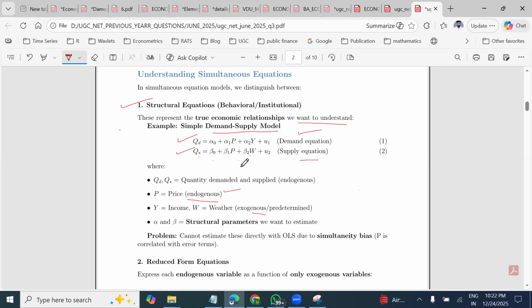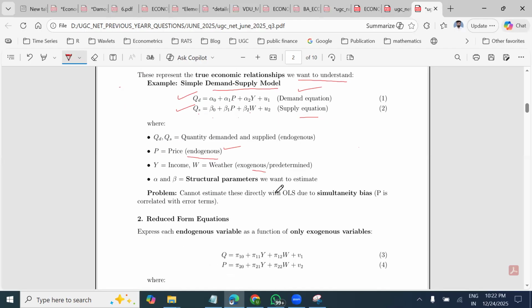Shall we proceed? Now, what is the problem over here? Basically this alpha and beta are called structural parameters. The problem is that we cannot estimate them directly with OLS due to simultaneity bias. Why? P is correlated with the error terms. Why will P be correlated with the error terms U1?